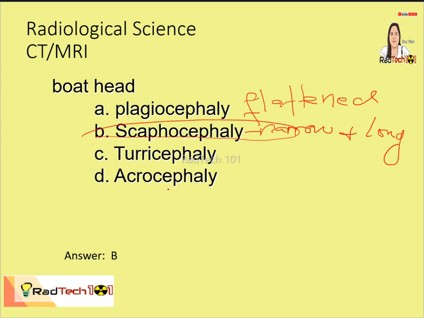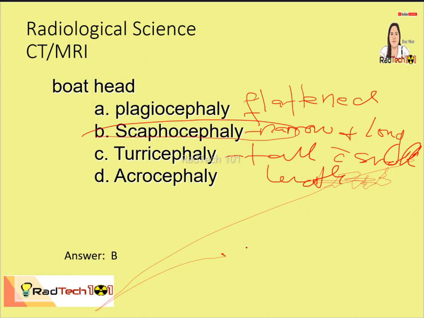Pag turicephaly naman, so it is a type of cephalic disorder where head appears tall with small length and width.